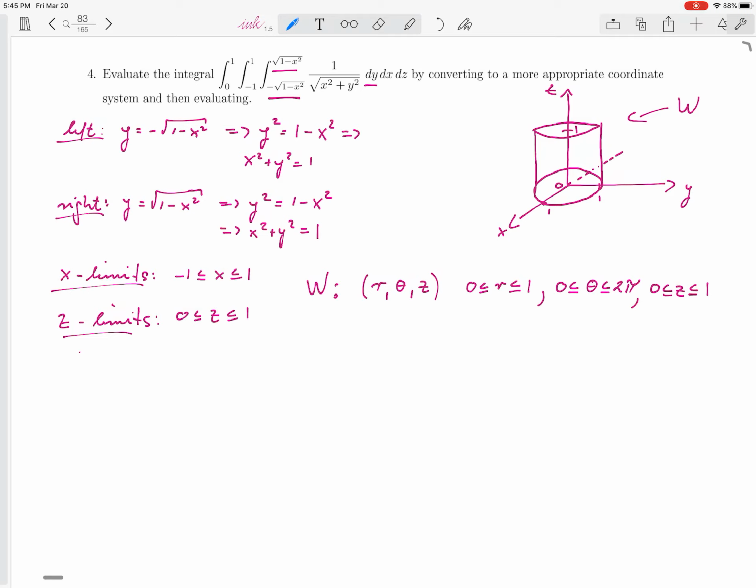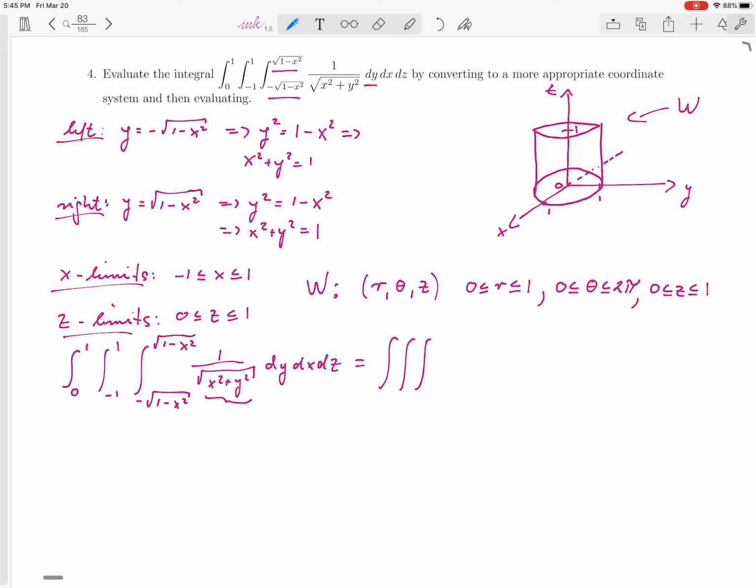So let me write down our original integral. We went from 0 to 1, from -1 to 1, and then we had those two square roots, negative and positive square root of 1 minus x squared. And then we also have that function 1 over the square root of x squared plus y squared, and dy, dx, dz. Now in cylindrical coordinates, we're going to have our three integrals, and we also have to change the function.